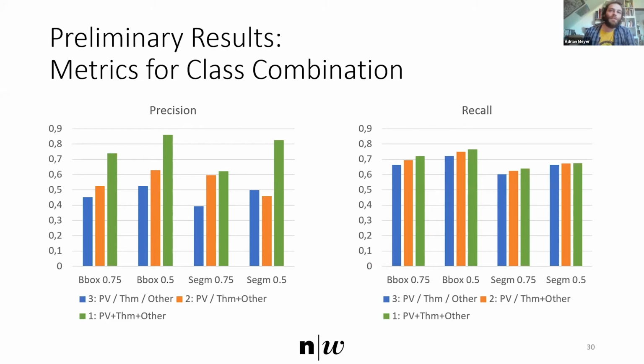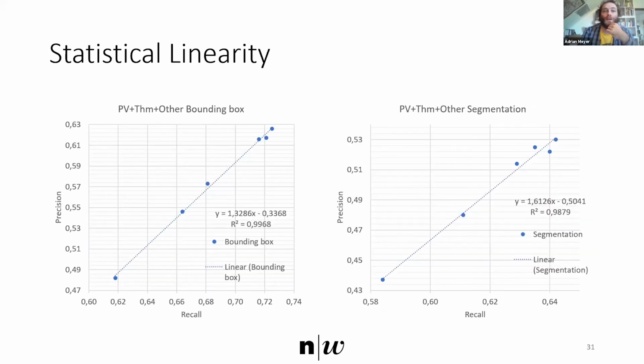But when you pool all of these together into one class, you land up with a bounding box precision of 86%. So this is pretty good, and we have been even able to increase this to about 90% now. The segments are a little bit weaker, but I'm gonna explain strategies now how we can increase the precision on this one as well.